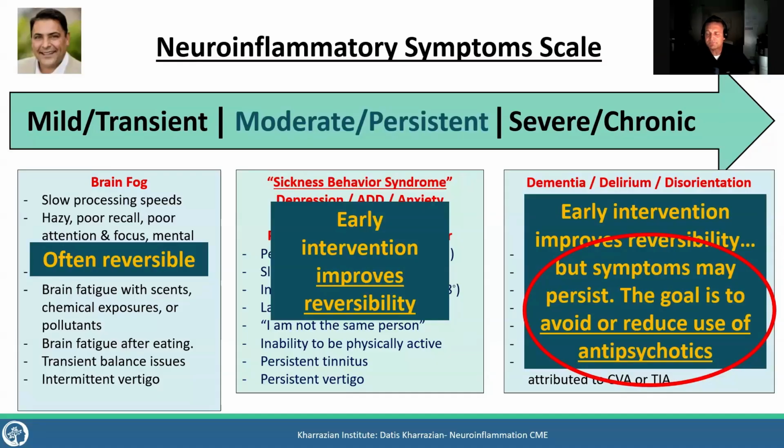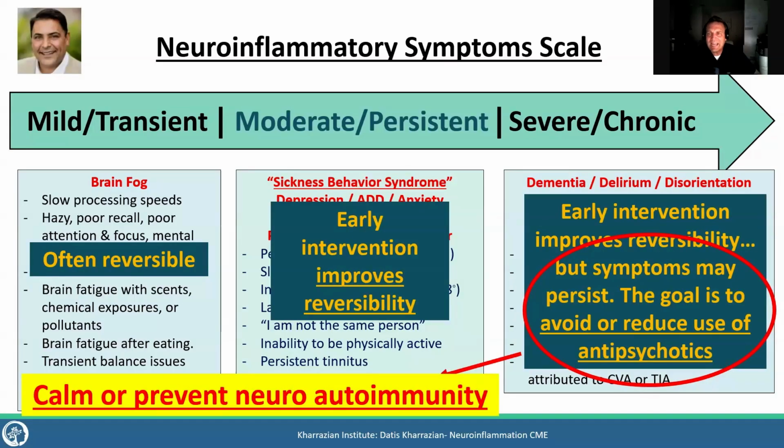That's another discussion. So our goal in these chronic, progressive, angry, perpetually impaired individuals, the goal is to do everything possible to calm that inflammation so we don't have to use antipsychotic medication, because then we're just asking for more trouble.